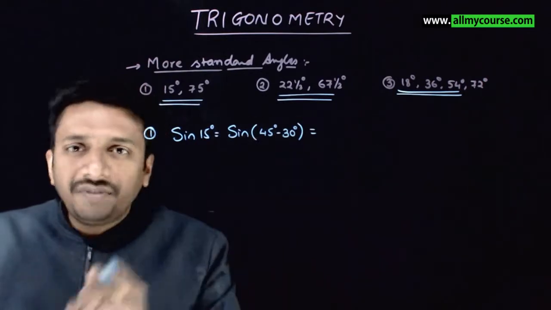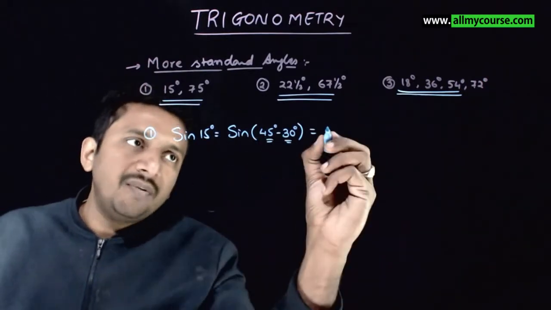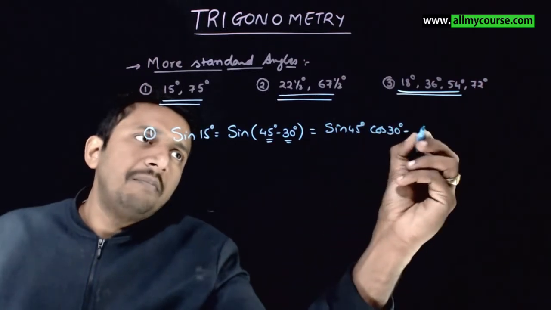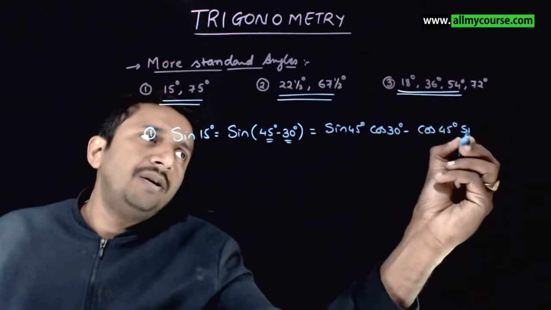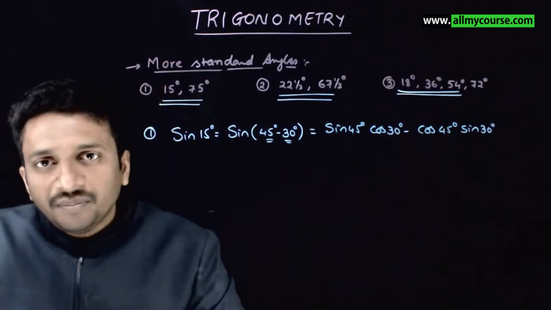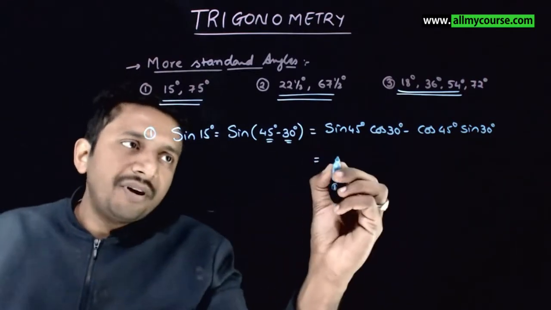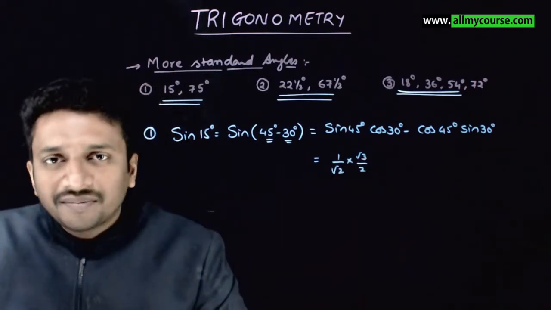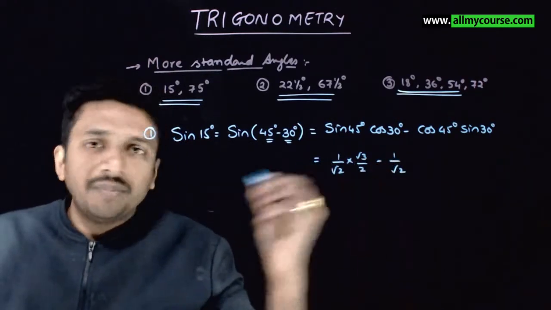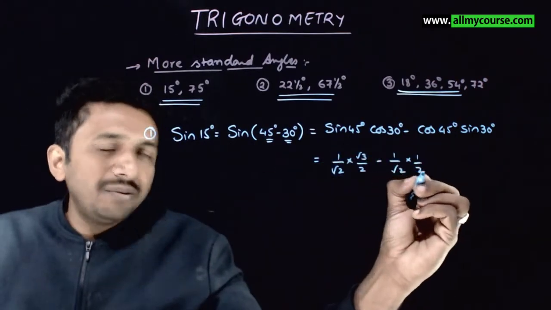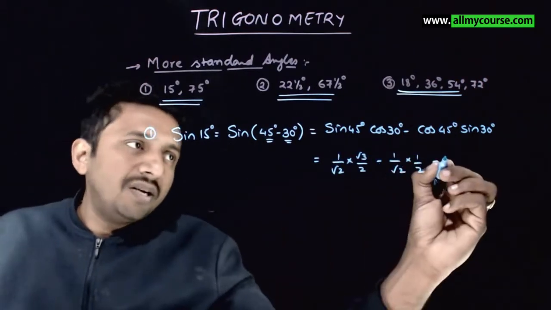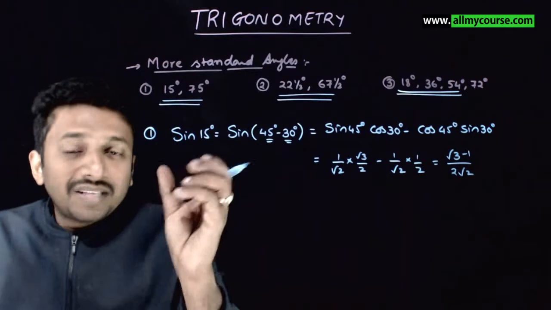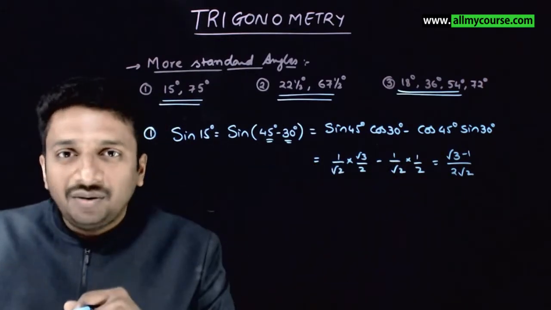Sine (A minus B) is equal to sine A cos B minus cos A sine B. So that is sine 45, which is 1 by root 2, into cos 30, which is root 3 by 2, minus cos 45, which is 1 by root 2, into sine 30, which is 1 by 2. Effectively this is equal to (root 3 minus 1) by 2 root 2. So sine 15 degrees is (root 3 minus 1) by 2 root 2.